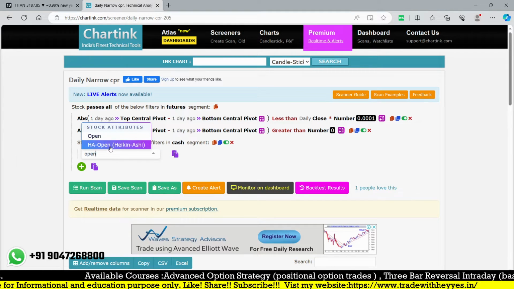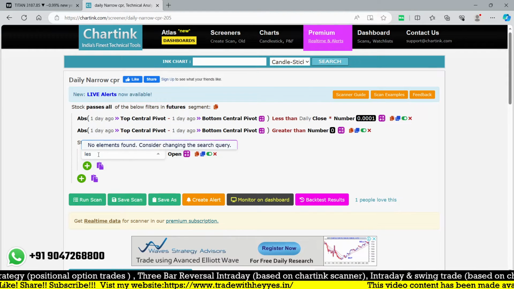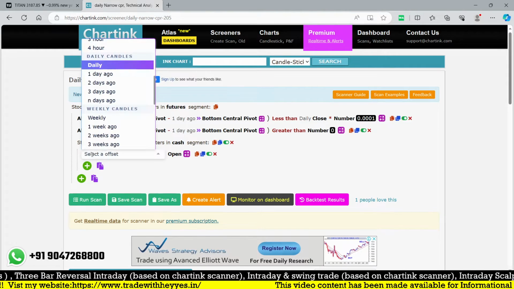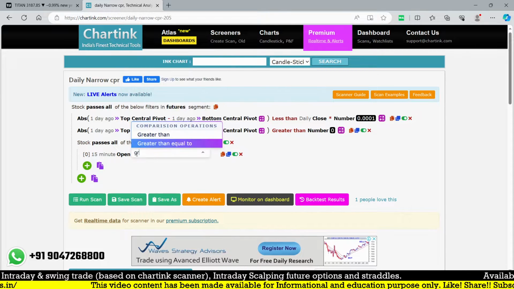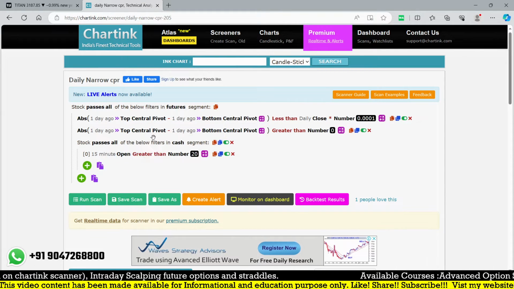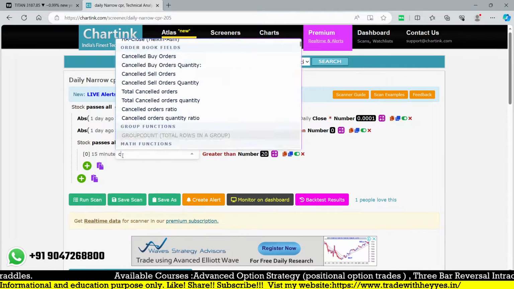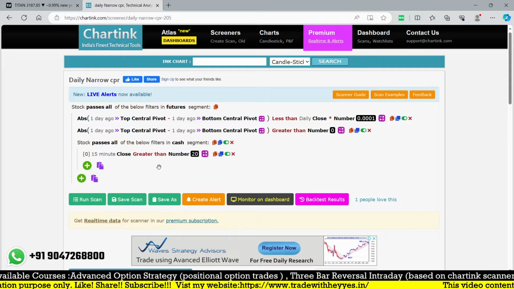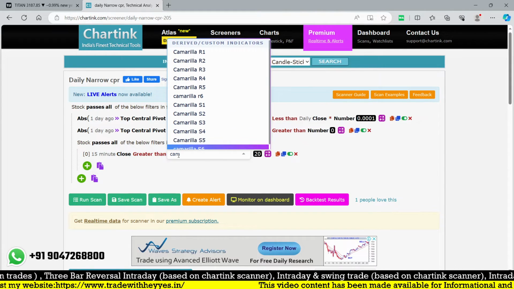open. You can use a 15 minutes. 15 minutes open greater than 2 minutes close. Close greater than R4, no?